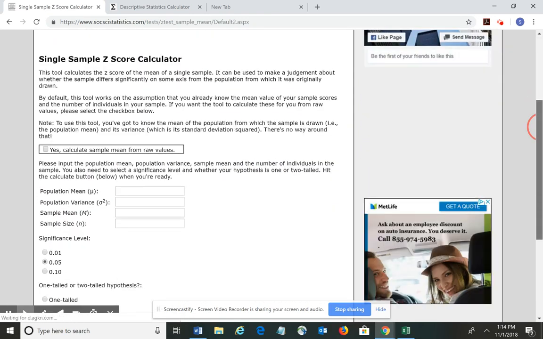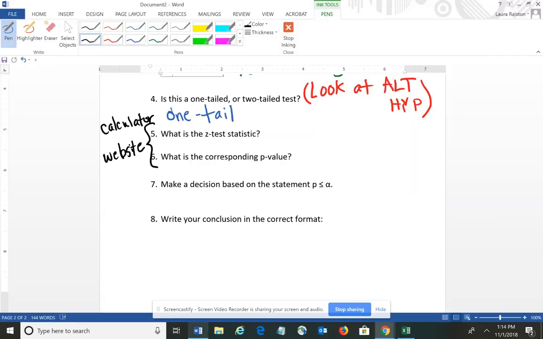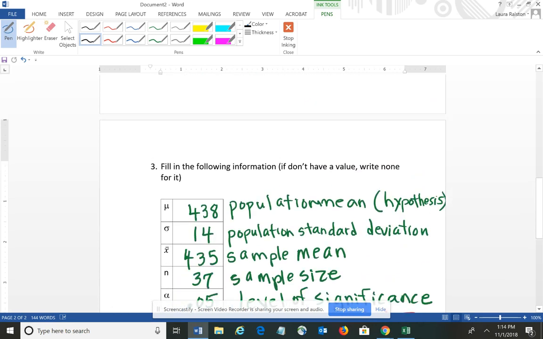And then I need to enter the information. Now, one little catch here when entering the information is on the website, they request the variance instead of the standard deviation. To find the variance, you have to square the population standard deviation. So in this case, if I square 14, I get 196.